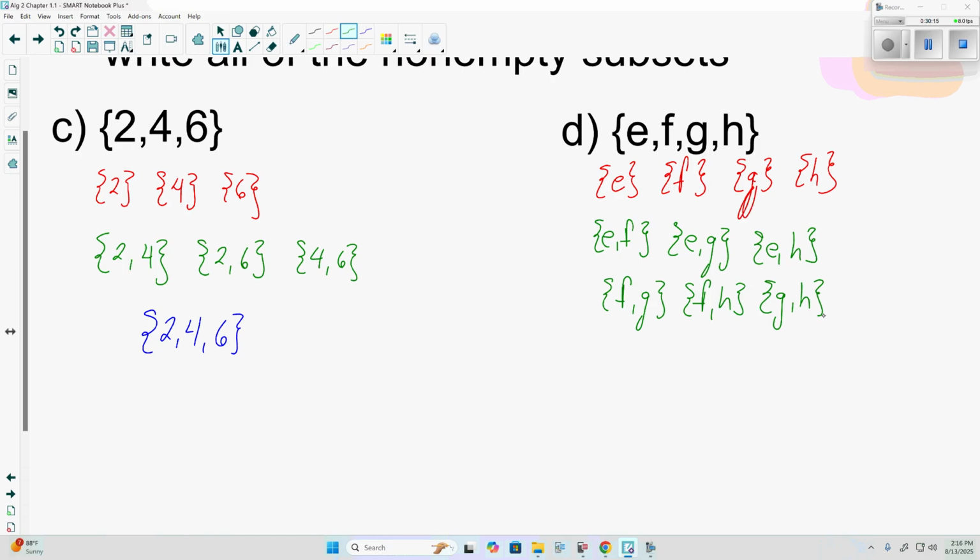Is that all the subsets? We could also have 3: E, F, G. Now once we start getting multiple, the way that I keep track of them and make sure I get them all, for like 3, I will keep the first 2 letters the same and look at the third. I think that's better for y'all to see, yes? So EF will keep the same, because we could have EFG, but we could also have EFH.